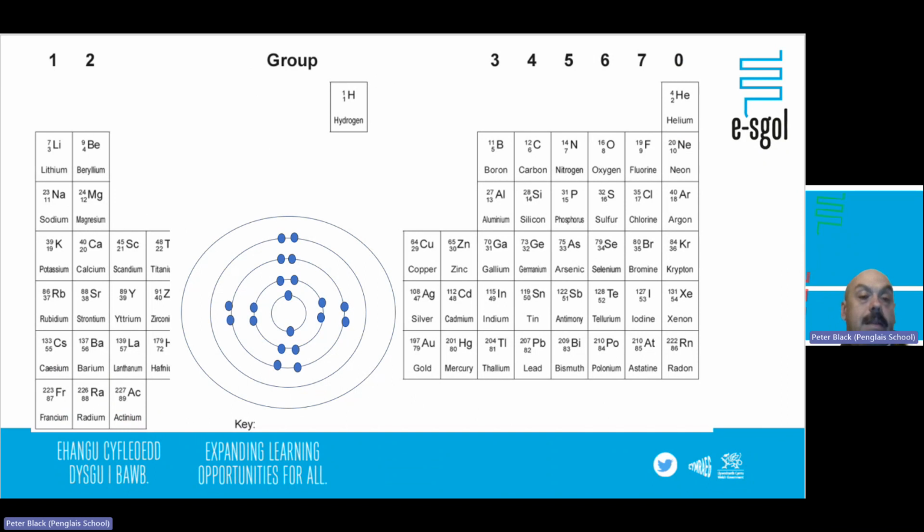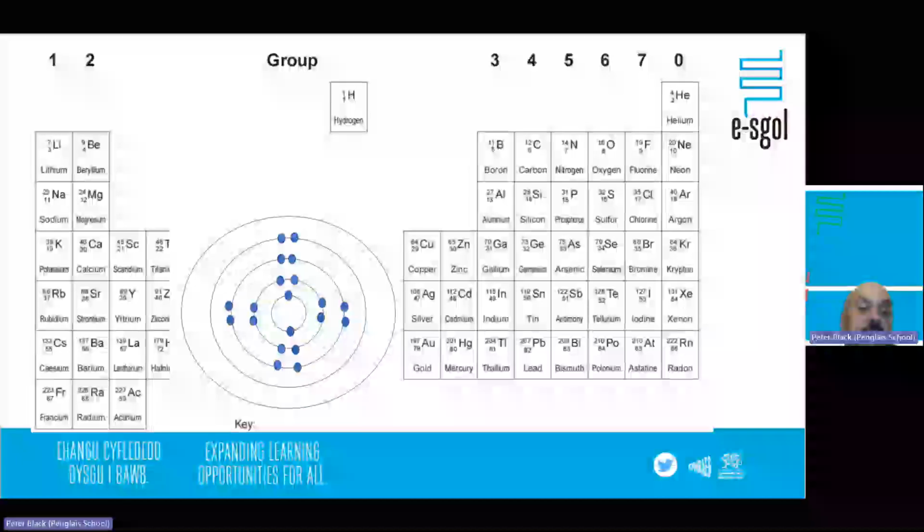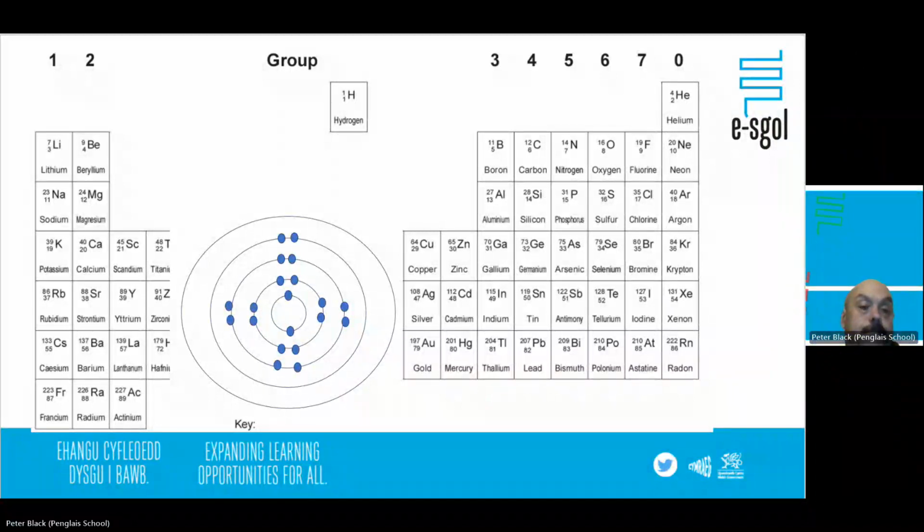First of all, what I'd like you to do is tell me how many protons this atom has. So before we even did anything with group and period, how many protons does this atom have? Well, hopefully you've remembered that atoms don't have a charge. And here we have 20 electrons, which have a negative charge.